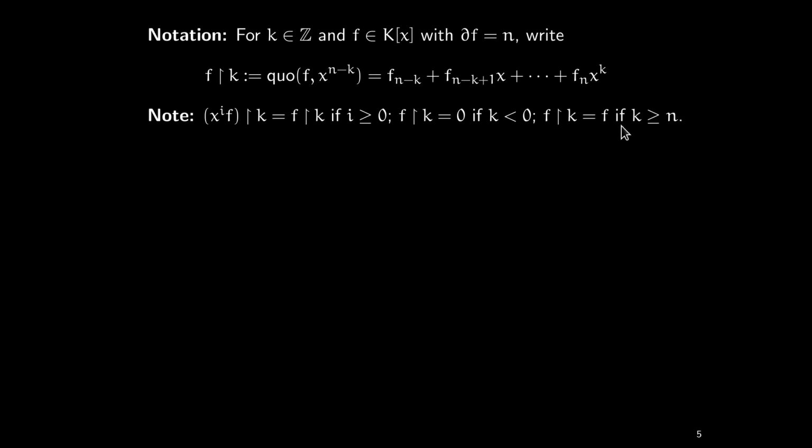And also, if k is greater than n, then f chop k is x to the k minus n times f. So it's the same coefficients. You're not removing any coefficients in this case, but you are just shifting the coefficient vector of f to the right.